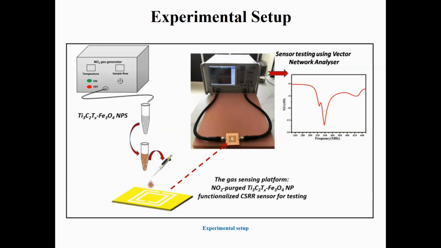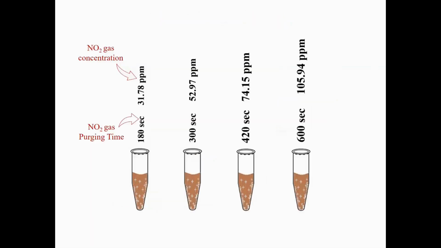We then purge the gas into this solution, and 200 microliters of it is drop-cast on the CSRR. Using the VNA, vector network analyzer, we see the shift in resonant frequencies.